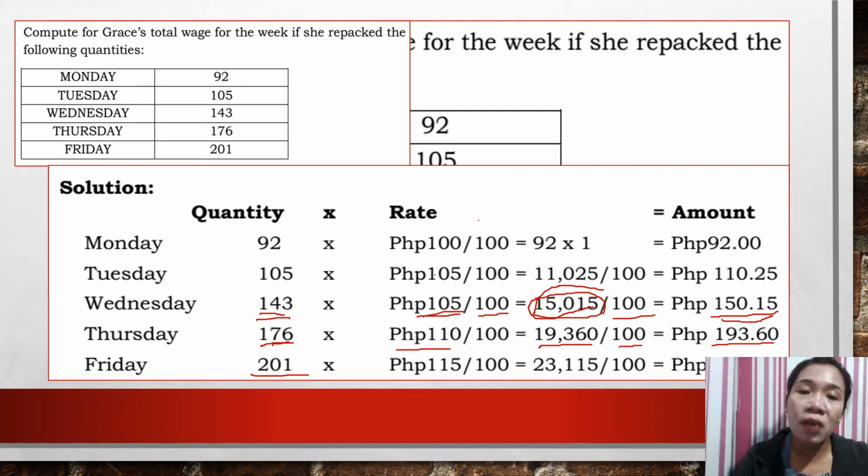Now, 201 is in the range of 200 or more, which is 115 pesos per 100. So, same procedure, 201 times 115 is equal to 23,115. Divided by 100, that will give you 231 pesos and 15 centavos.